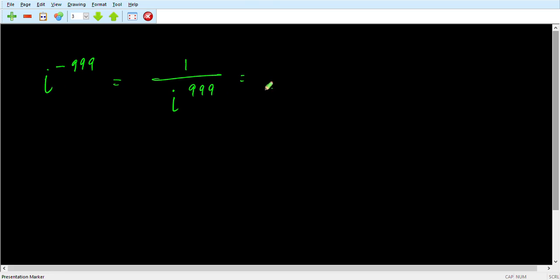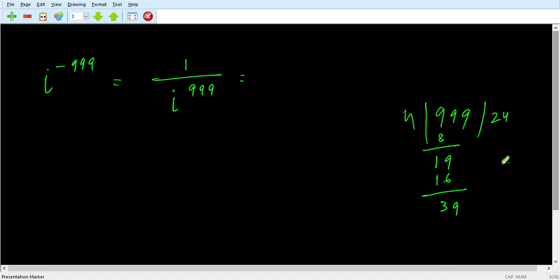I can solve further, and we discussed that if I divide this 99 by 4, the quotient will be 24 and the remainder will be 3.